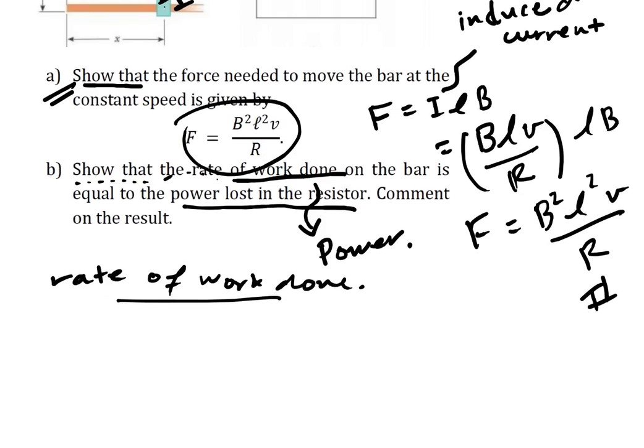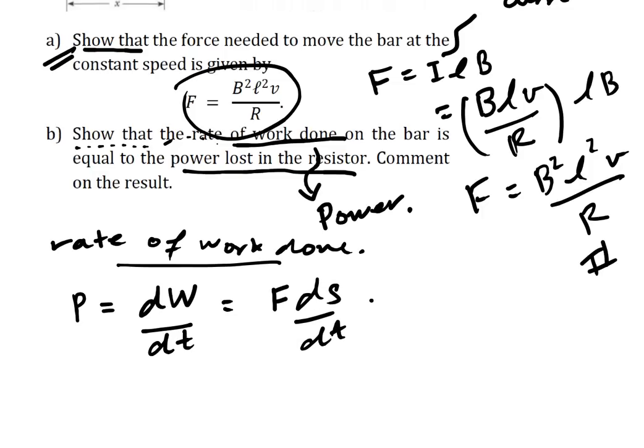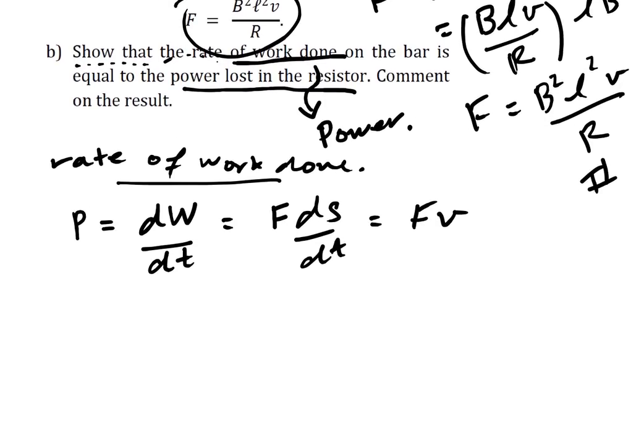We can use the definition of power as the differentiation of work with respect to time. And if work is force times distance, we come up with power as the product of force and velocity.